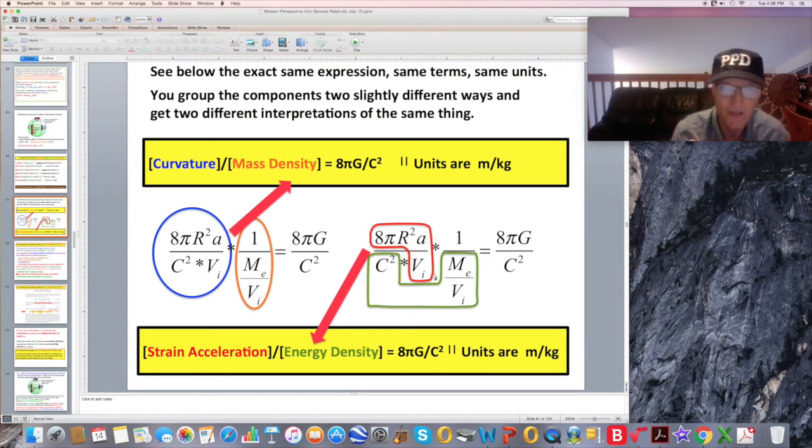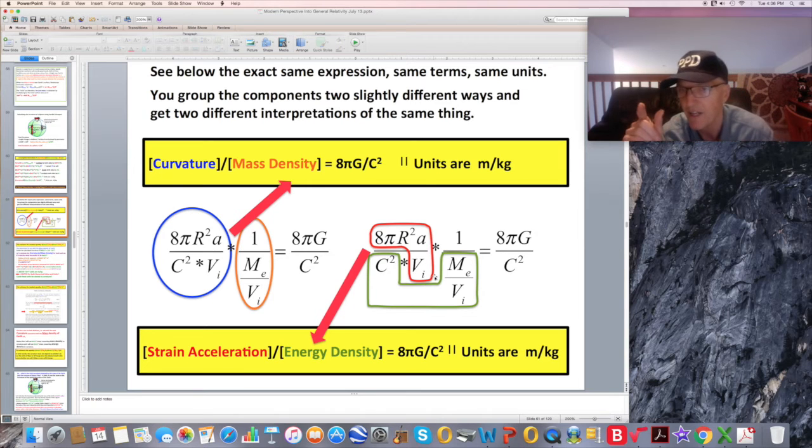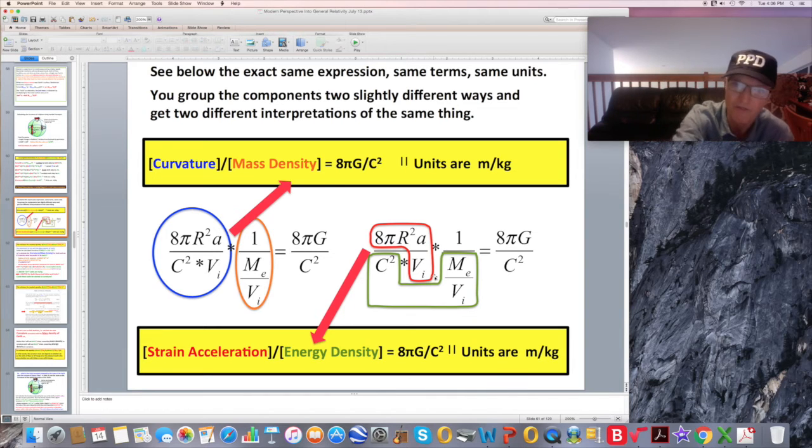By using that expression, 8 pi g over c squared, you can change one side of the equation, which is talking stress, into the other side of the equation, talking curvature. So this is like the universal translator. This is like the Rosetta Stone.